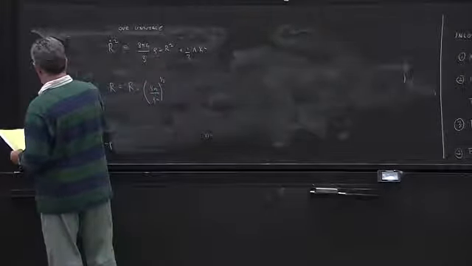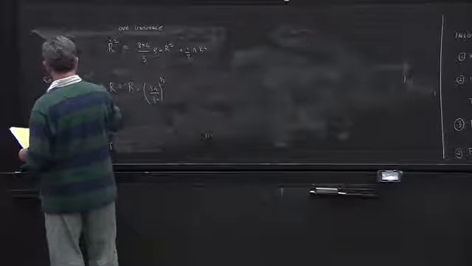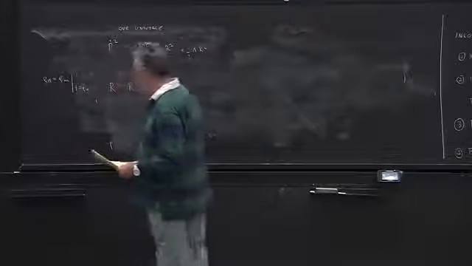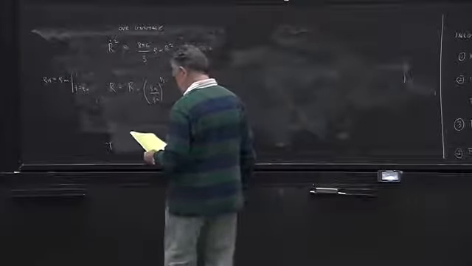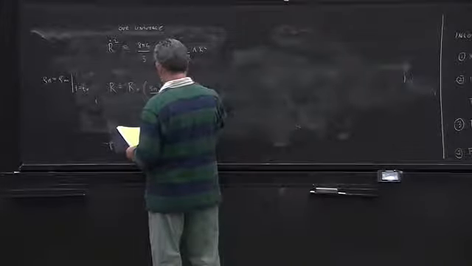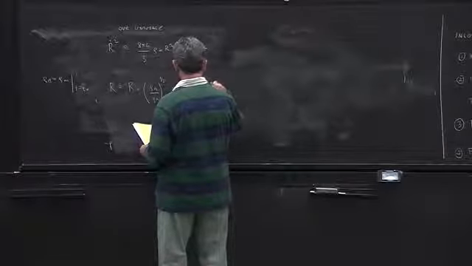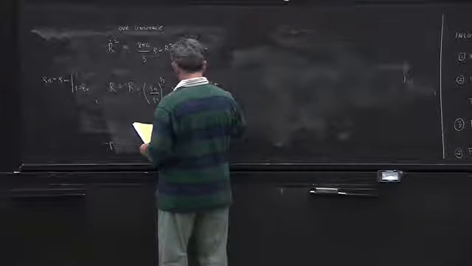Rho m, capital M, is rho little m at t equals t0. That's the convention.